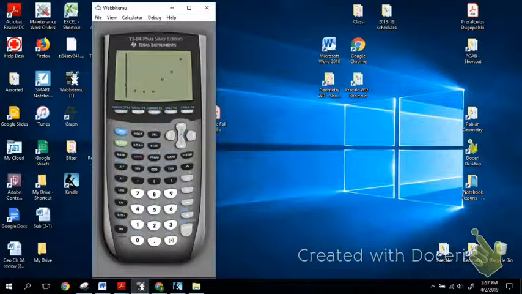So to put our line through it, we're just going to go to our y equals because we're going to put a line on there. And if you look at this, we have a graph of regression line on here. Make sure your y is cleared. Then you're going to go ahead and hit your vars. We're not going to do too much with this. You're going to hit your vars button, which is right here. Then you're going to scroll down to your statistics.